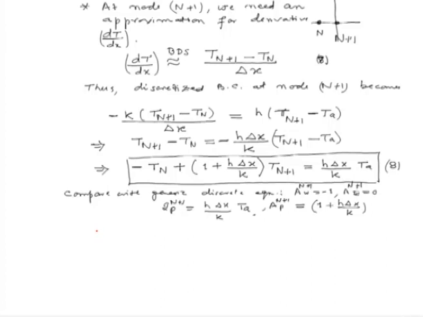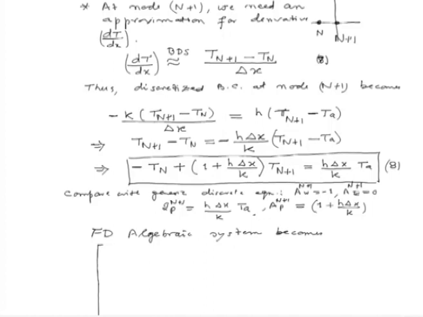So, now we have got all the equations at all nodes in discrete form. So, our final algebraic equation can be written as, so finite difference algebraic system becomes, now let us write it out in the matrix form.